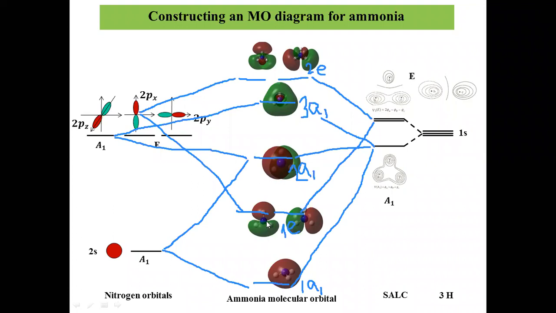Now when you go for this one, you can look at here. This is mainly contribution of this and this. So as if when you go for combination with this, I'm going to have plus this one and then minus this one with this, right? So that's minus combination going to look like that.